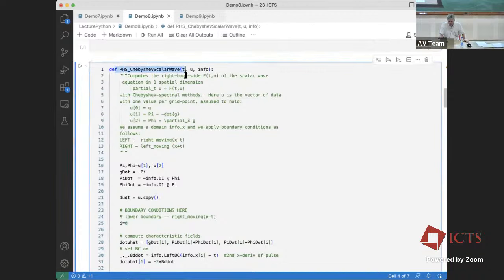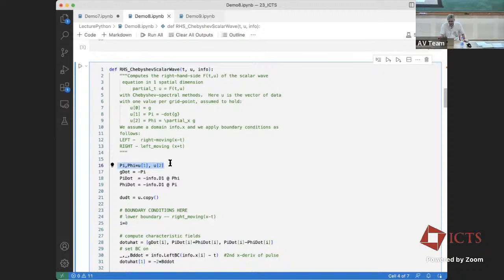For Chebyshev, I need a lot more pieces of information to make things work. And I'm storing all these extra pieces of information inside info. I'll show you in a minute how they get there. And so the right-hand side of the Chebyshev scalar wave equations looks as follows.